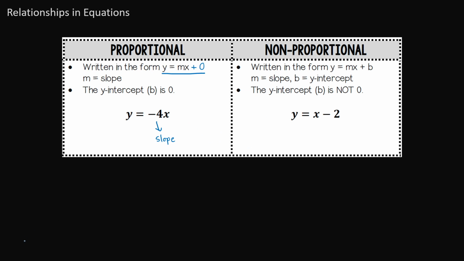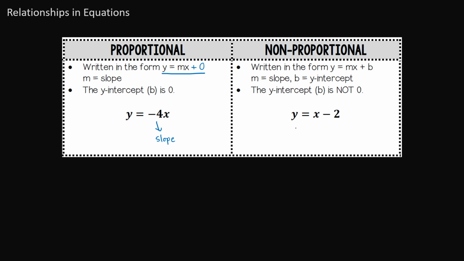In a non-proportional equation, these are written in the form y equals mx plus b, where m is the slope of the line and b is the y-intercept, where your line crosses the y-axis. The y-intercept in a non-proportional equation is anything except for 0. So it could be 0.5 or -1000. As long as the number is not 0, this is a non-proportional equation.